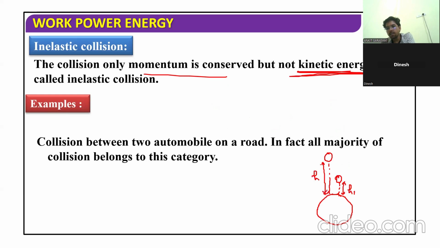This is inelastic. What is the example? Collision between two automobiles on a road. Mostly the collisions we see in real life are inelastic. There is always loss of kinetic energy because of friction. So mostly collisions in real life are inelastic. There is no perfectly elastic collision.